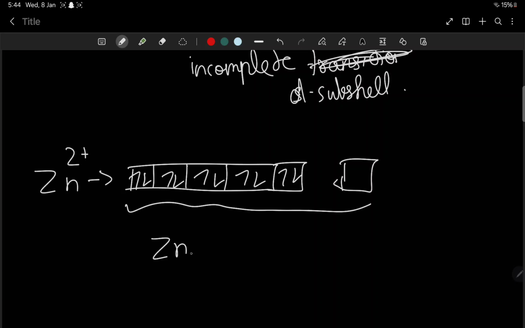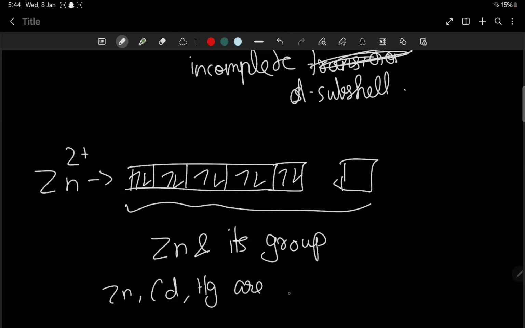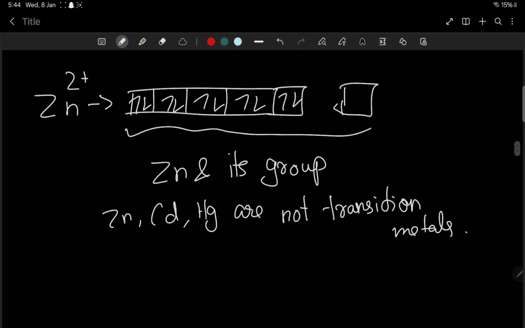Therefore the elements zinc, cadmium and mercury are not called transition elements, but they are just D block elements. They are not transition metals because they don't have an incomplete d subshell in any of their states.